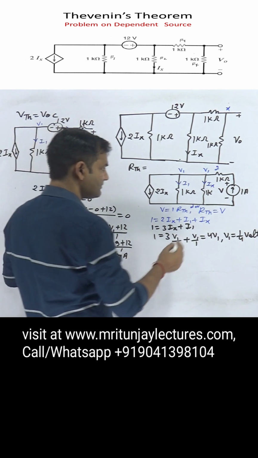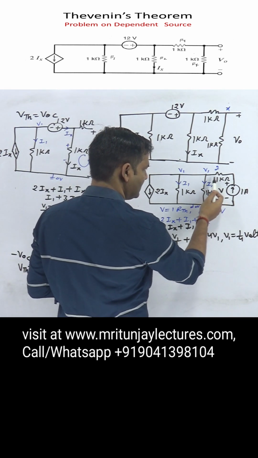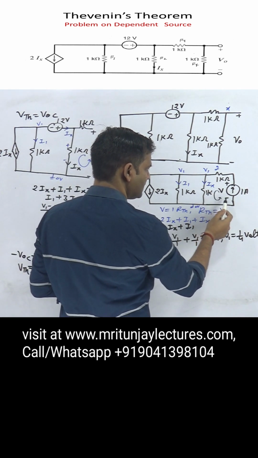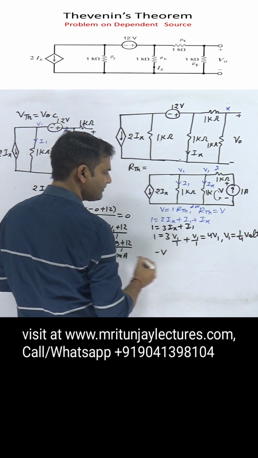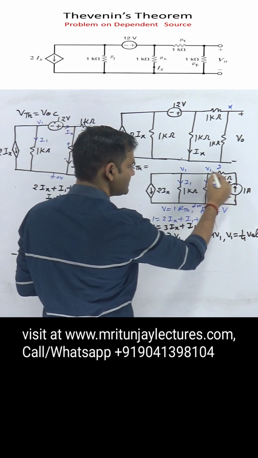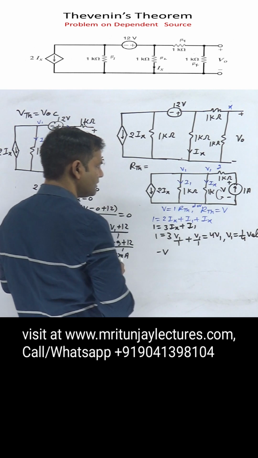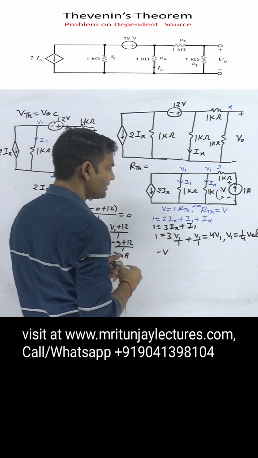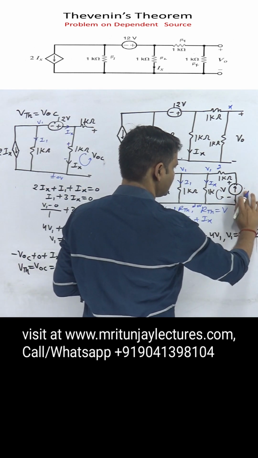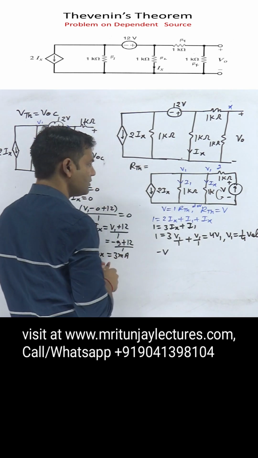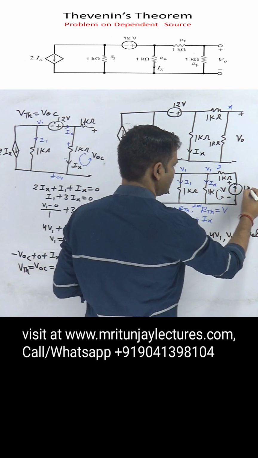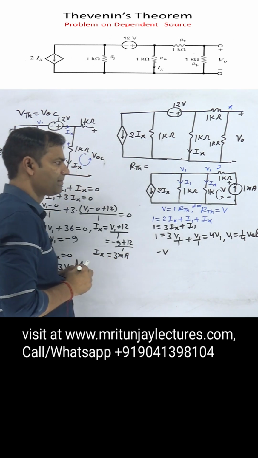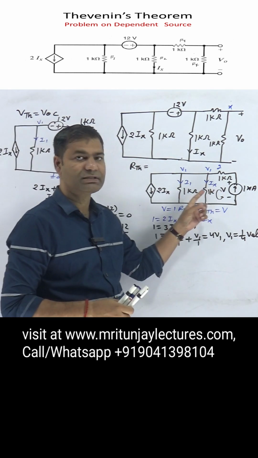Now our target is to apply KVL in this loop. Minus to plus, minus V plus 1. Here it is 1 kilo ohm, so we have considered 1 milliampere. We always consider 1 milliampere because all resistances are in kilo ohm.